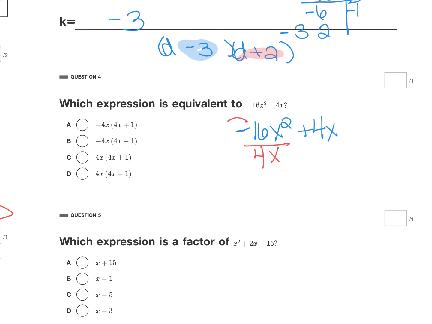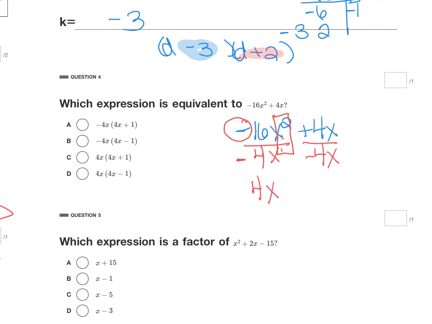And because the first term, that a term, is negative, I'm going to take out a -4x from both of these terms. So when I do that, I'm left with -16 divided by -4 is +4. And how many x's? Well, the law of exponents tells me that I'm going to subtract the exponent, so I'm left with 1x.